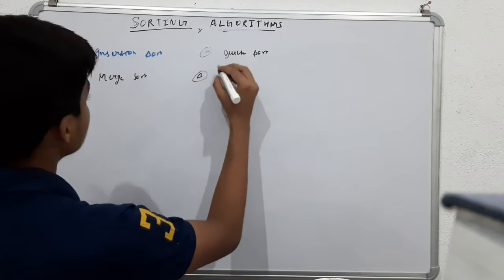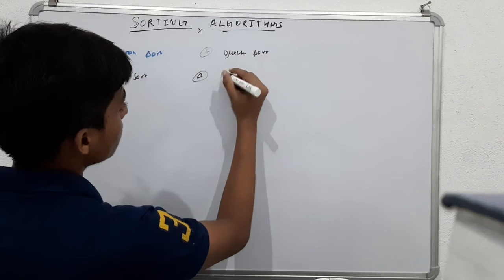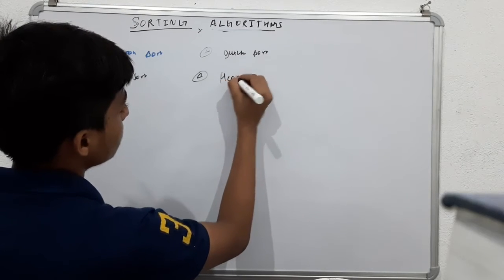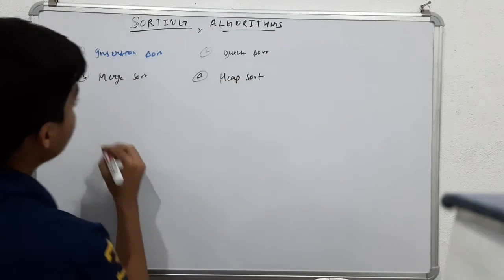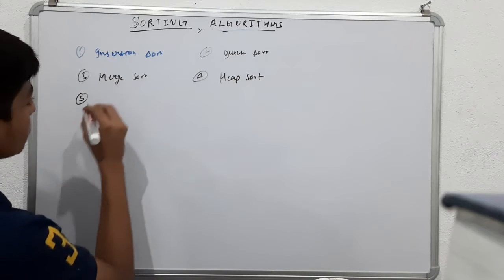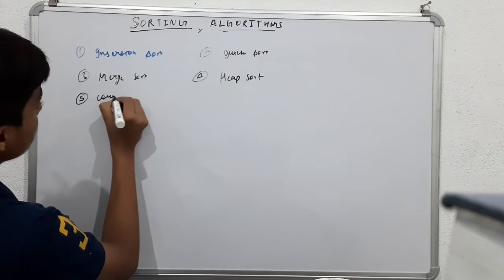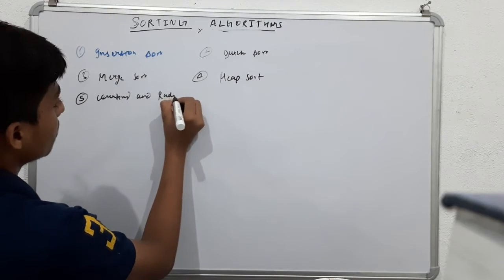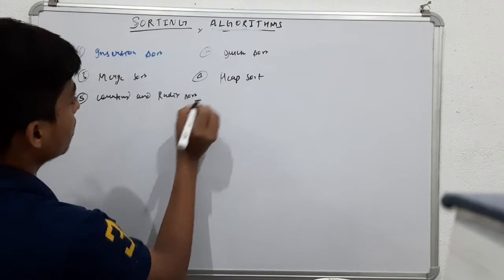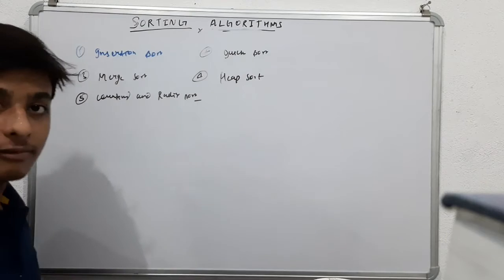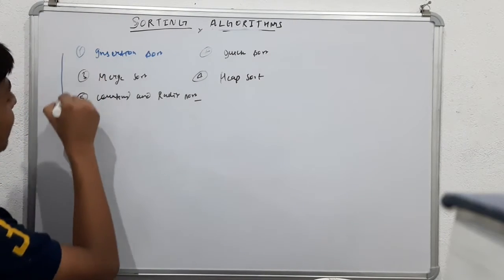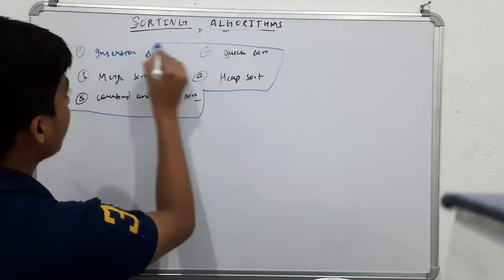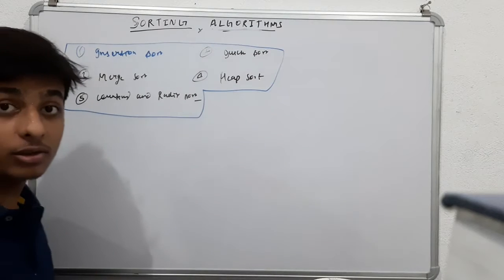Fourth one is heap sort. Fifth one is counting sort, and radix sort. So these are the main sorting algorithms that we will be focusing on in this series.